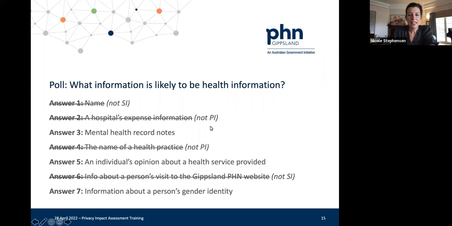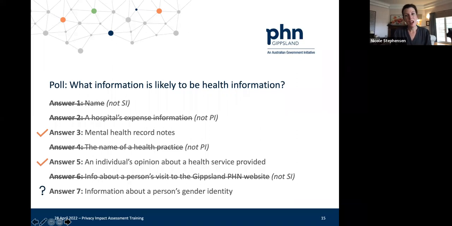Yes, fantastic. So let's go through these answers. Mental health notes absolutely are considered health information. An individual's opinion about health services provided, and again, this is because the definition of health information extends to the health services provided. And finally, information about a person's gender identity.